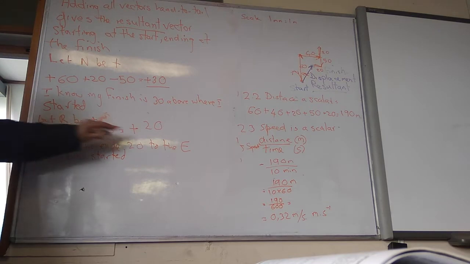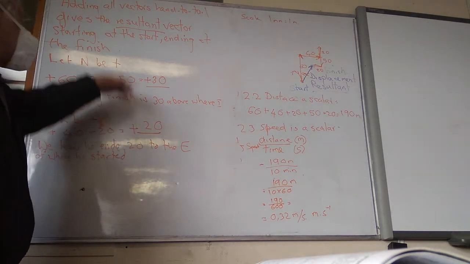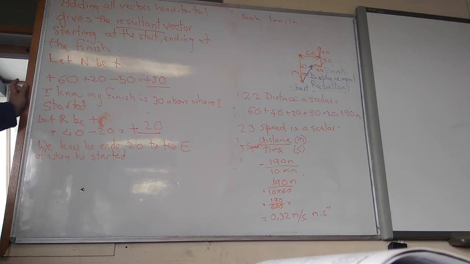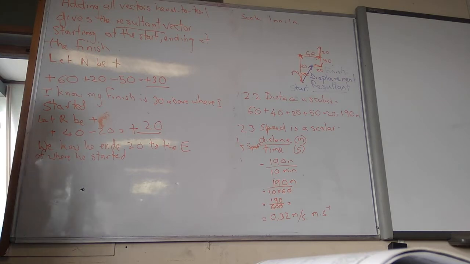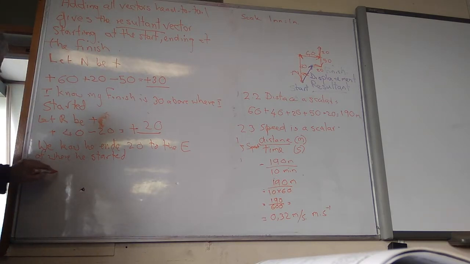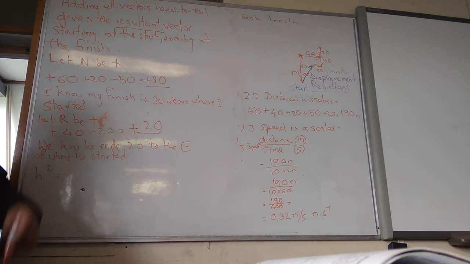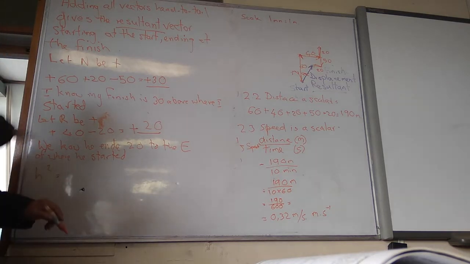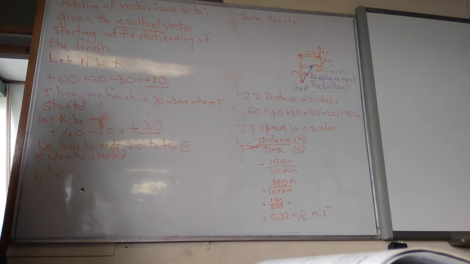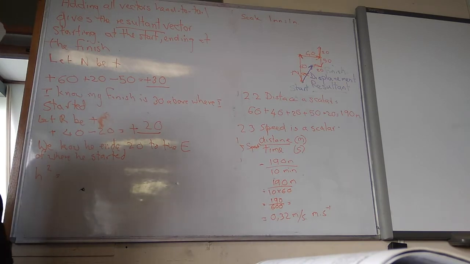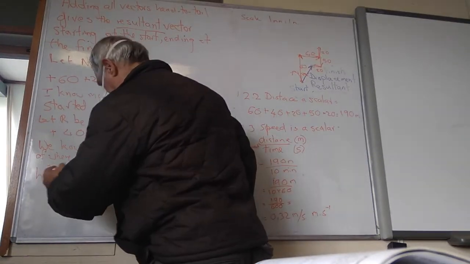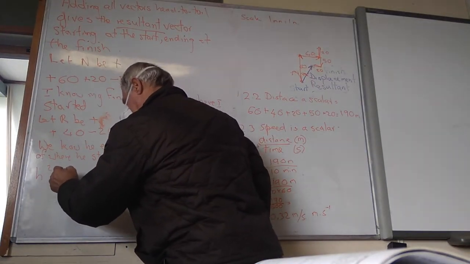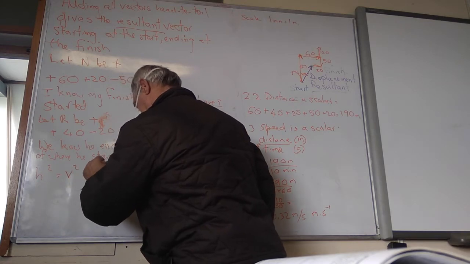So we've got two measurements, plus 30 and plus 20. You guys heard of Pythagoras? Yes. We're going to use Pythagoras and work out the hypotenuse. So we could say hypotenuse squared equals vertical squared plus horizontal squared.